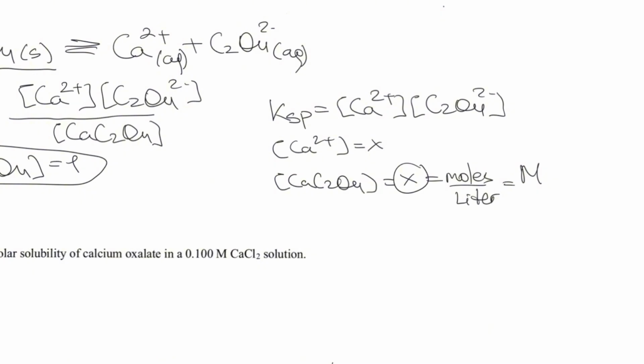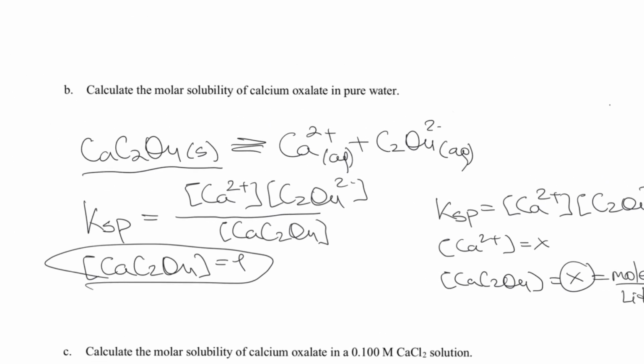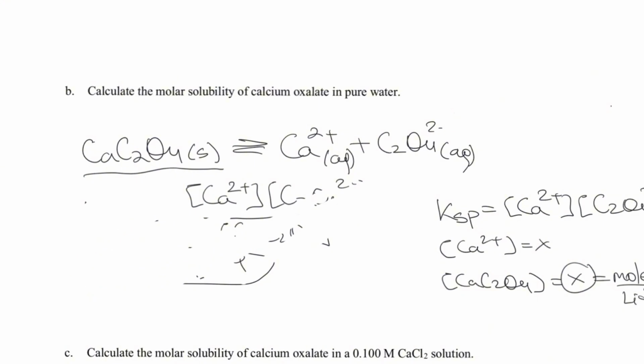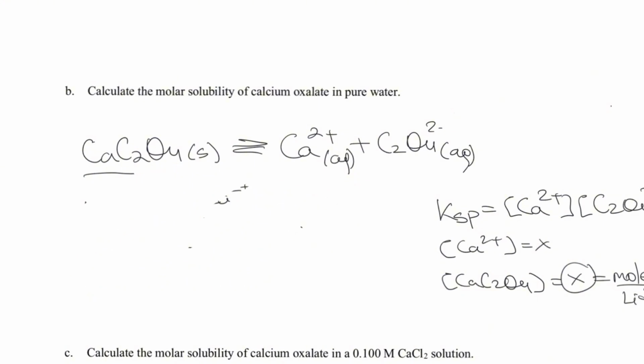From the dissociation equation, we can see that 1 mole of calcium oxalate produces 1 mole of calcium 2+ ions and 1 mole of oxalate ions.